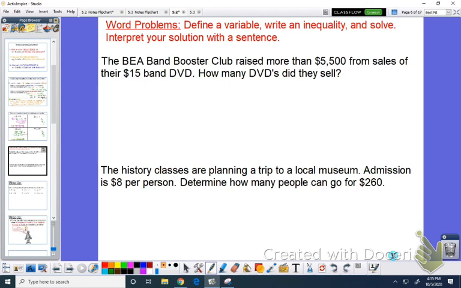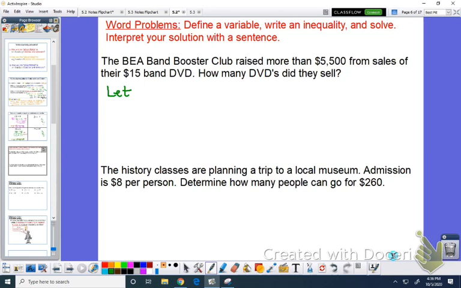We're going to do this first one together. Define a variable, write an inequality, and solve. The Mount Eagle Band Booster Club raised more than $5,500 from sales of their $15 band DVD. How many DVDs did they sell?